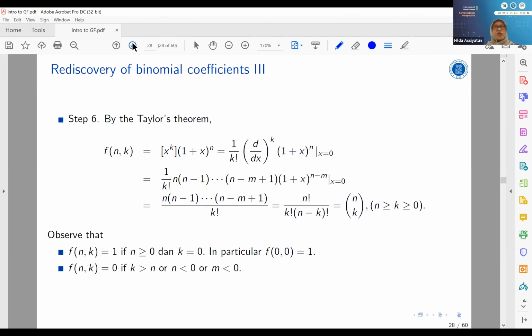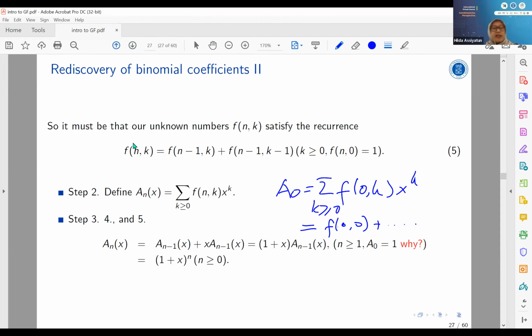For the method of the generating function, it terminates here. Once we get the generating function, we are done. Now how do we get the explicit formula for this sequence?